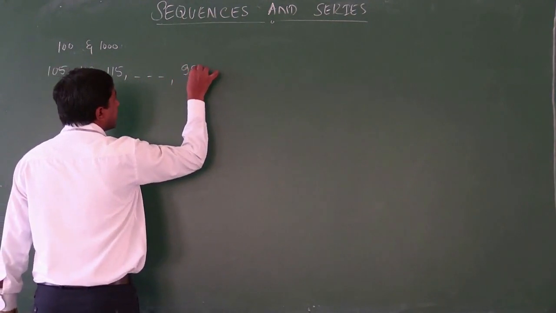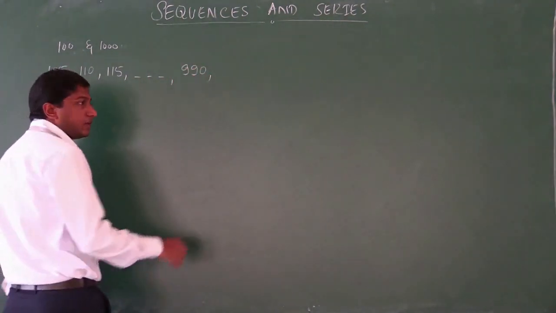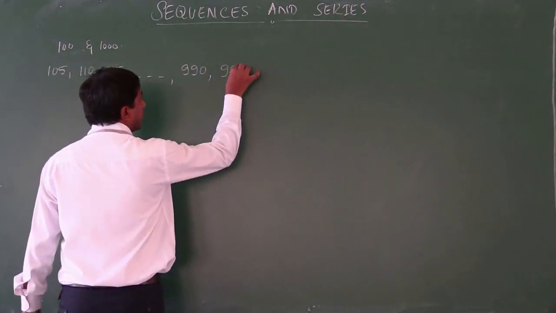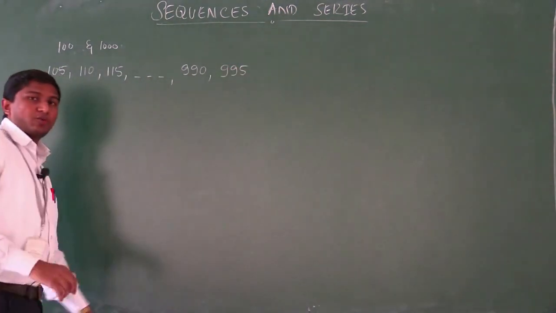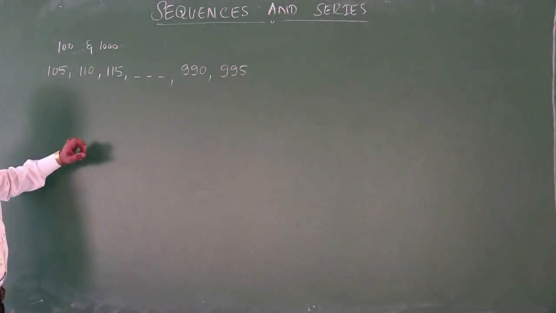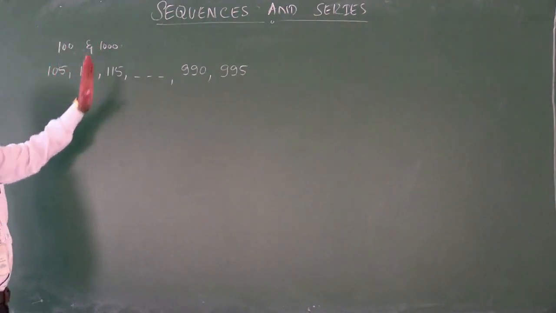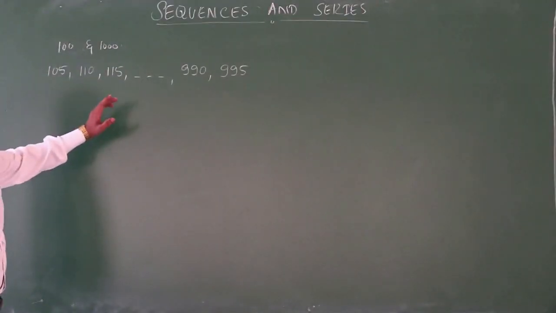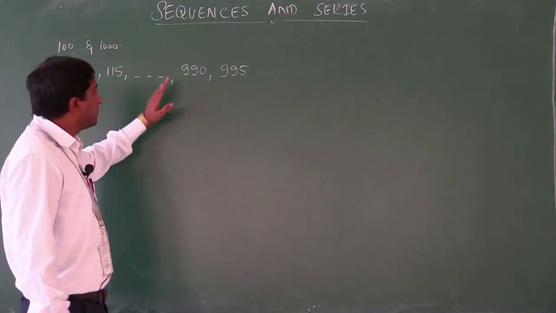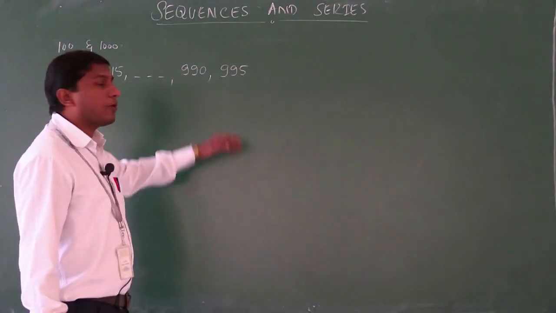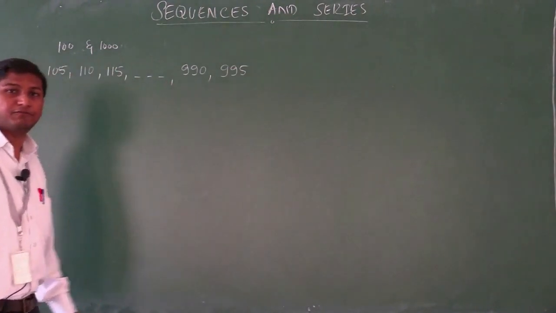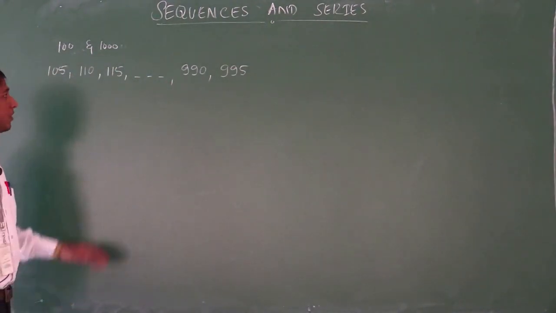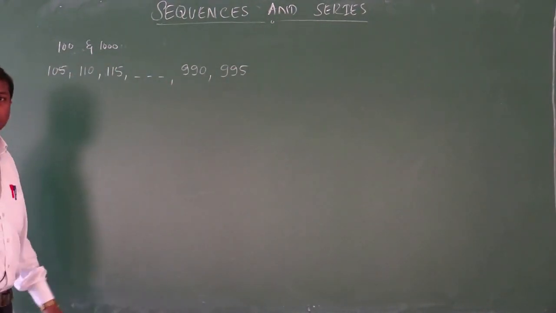So we'll write that also, 990, 995. So the numbers are 105, 110, 115, and so on, 990, 995.